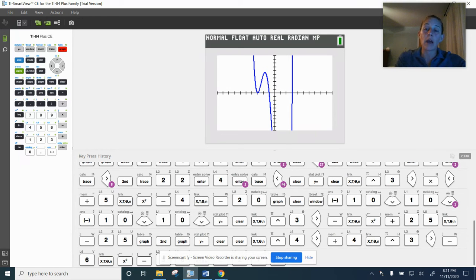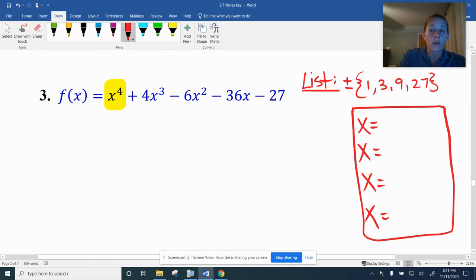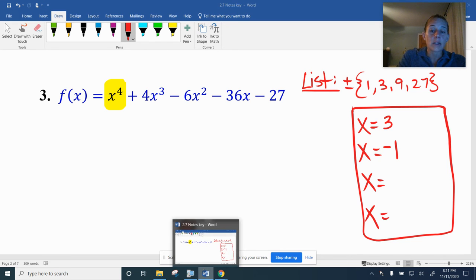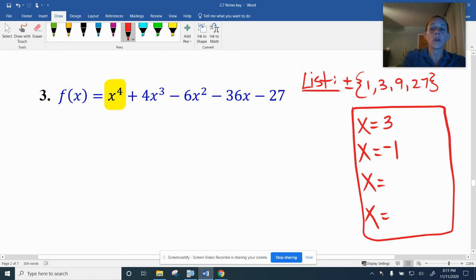So we'll notice this problem. It is intersecting the x-axis in 2 locations at the positive 3 and the negative 1. So we have positive 3, negative 1, which were both numbers from my list here, so I know that they're accurate. And then, whoops, where's my graph?